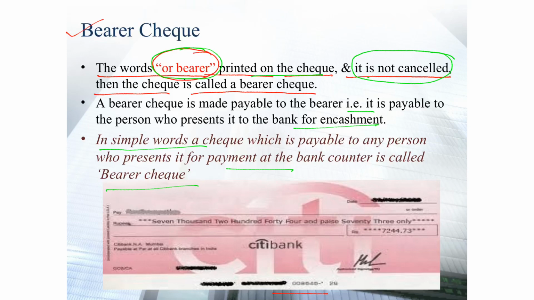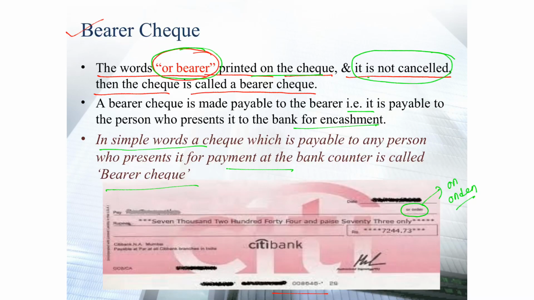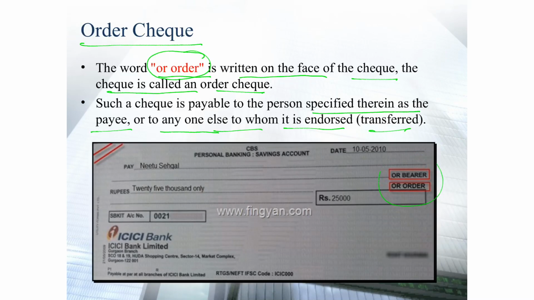If you see, here it is written 'or order', or 'or bearer', or 'or order'. If it is written 'or order', then it is called an order cheque.